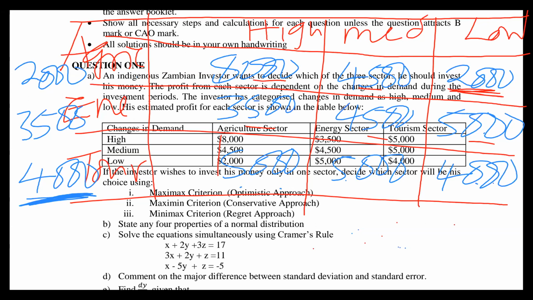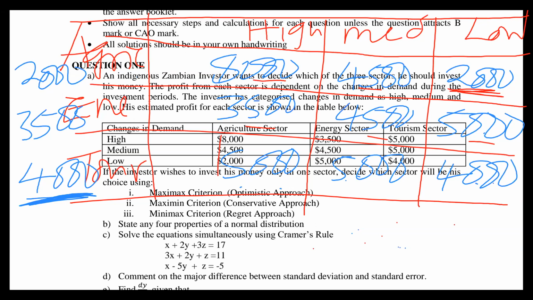Okay. Sir, come again on the Max-Min. Okay, Max-Min. What we do, madam, is get the minimum payoff from each industry. From agriculture, the minimum we get is 2,000. From energy, the minimum we can get is 3,500. And from the tourism sector, we get 4,000.